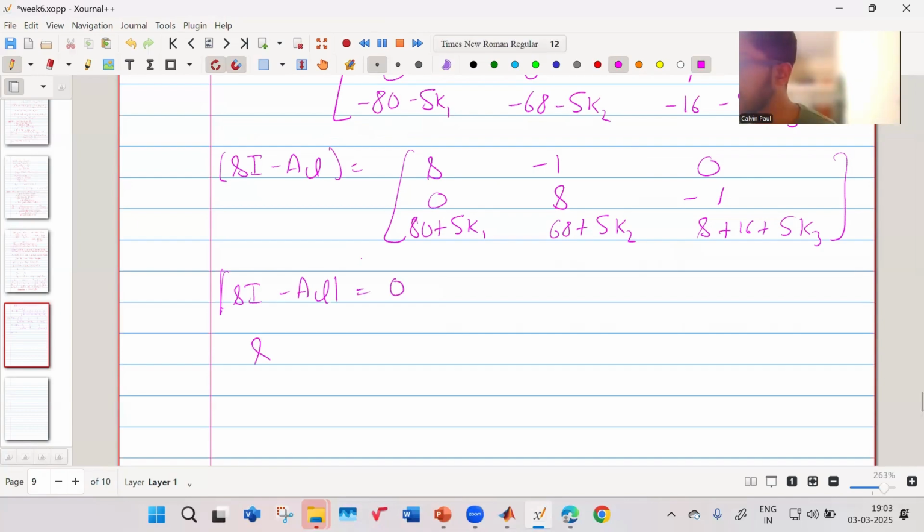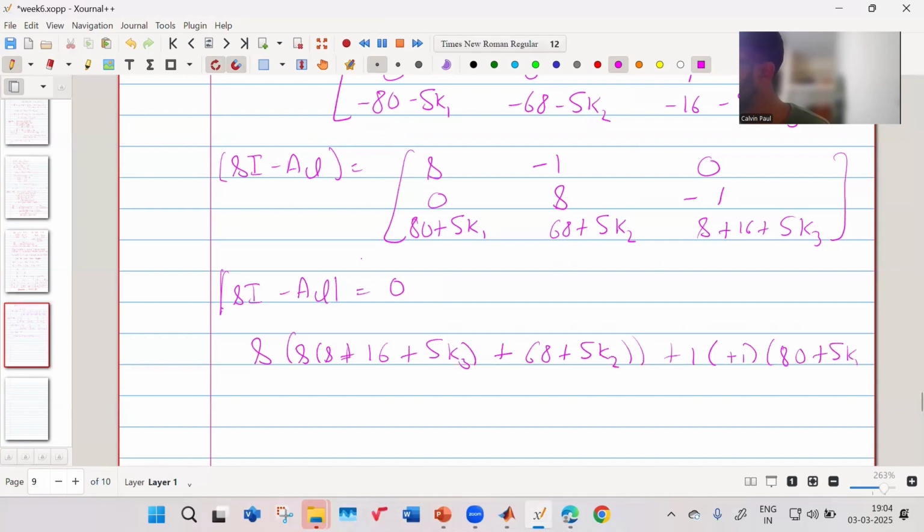So that would be s into s into s plus 16 plus 5k3, plus 68 plus 5k2, plus 1 into 80 plus 5k1.